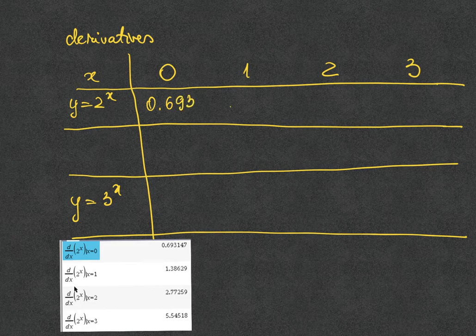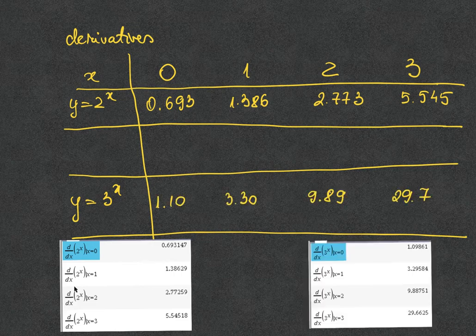Then it's 1.386, 2.772, 2.773. I'm sorry, I don't see very well. And for x equals 3 is 5.545. I'm going to do the same for y equals 3 to the power of x.